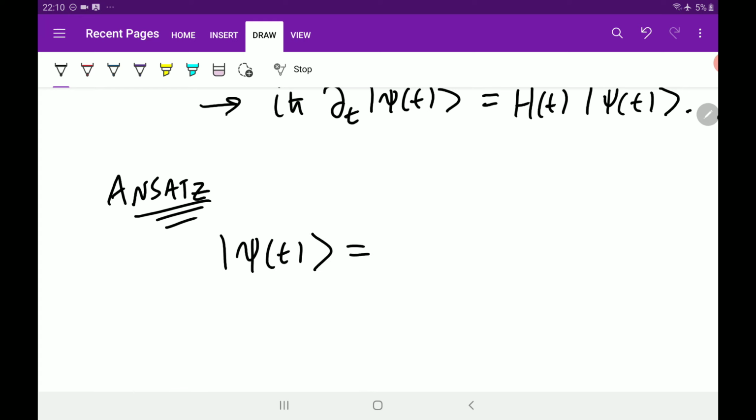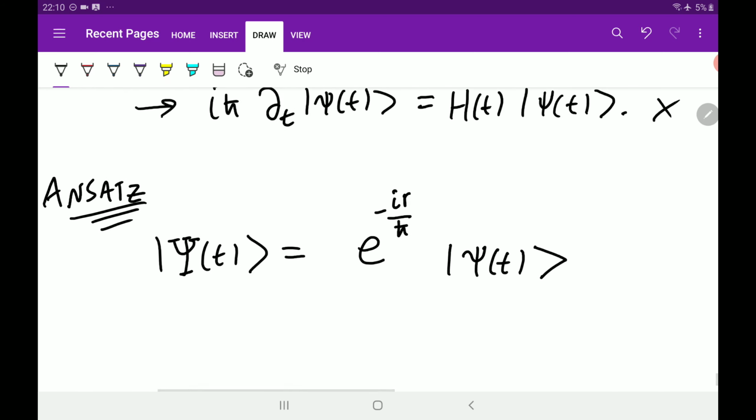So we try out psi of t is equal to something like, okay, so this is the actual wave function we're looking for, and we're trying out the eigenstate psi of t times e to the i energy t over h bar, except that the energy is now changing in time.